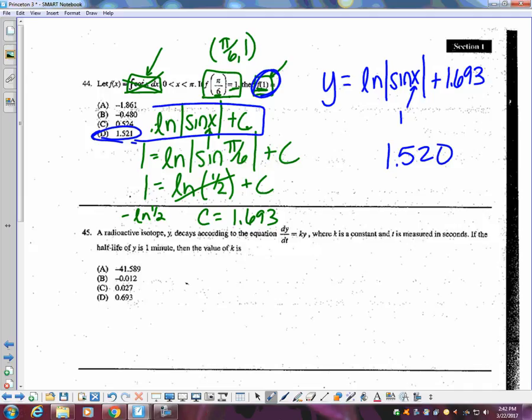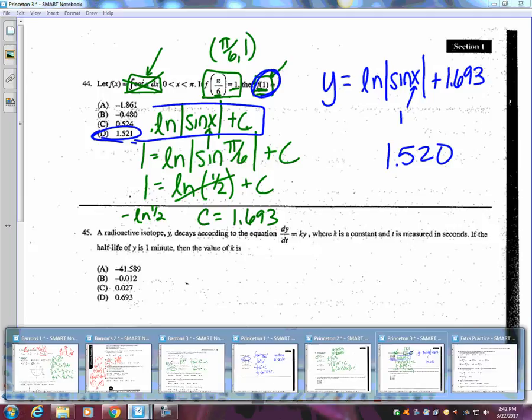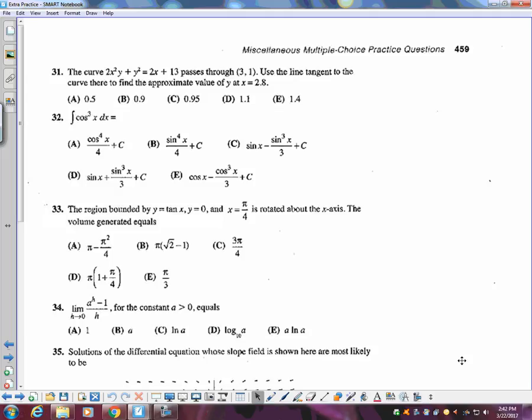Okay, last one. We're going extra number 32. And this one you got to have some tricks up your sleeve.